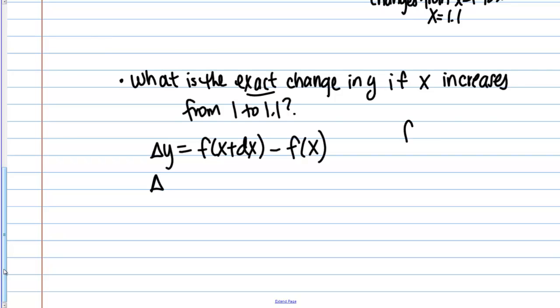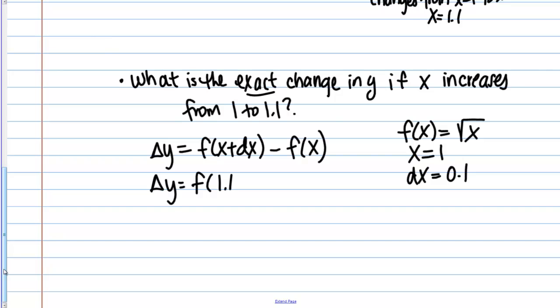In our case, remember, f of x equals square root of x. X is 1, and dx is 0.1 in this example. So then delta y is going to be, we can write this as f of 1.1 minus f of 1, which is going to be the square root of 1.1 minus the square root of 1.